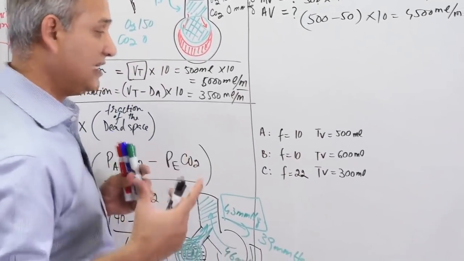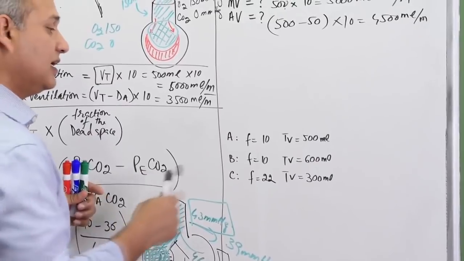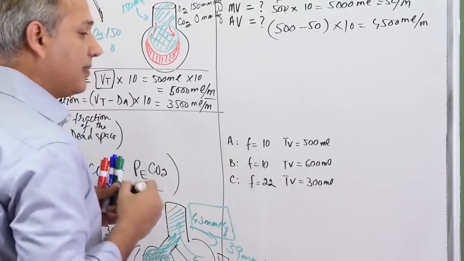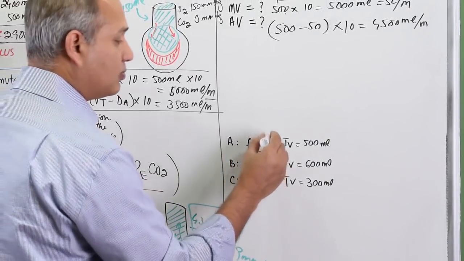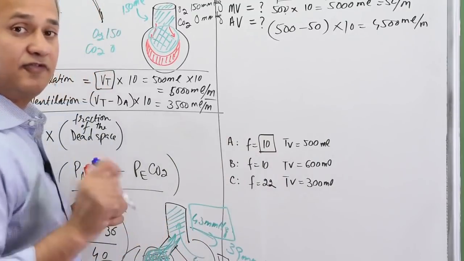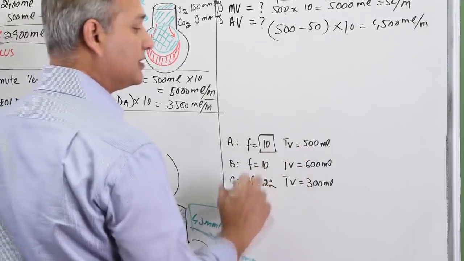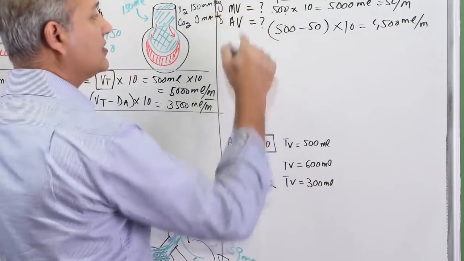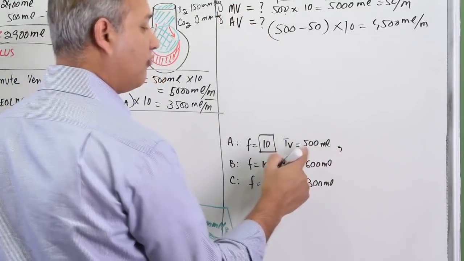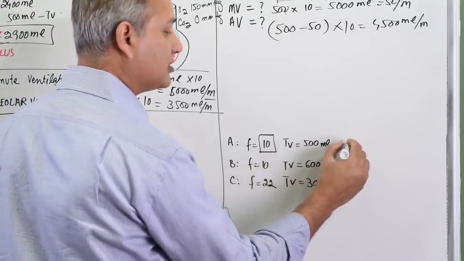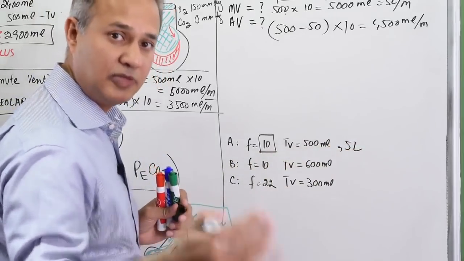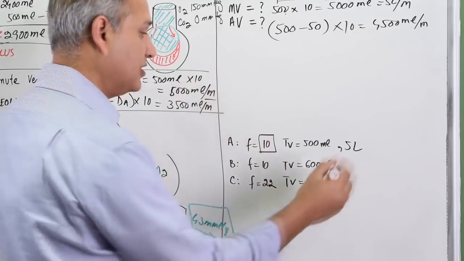Patient A or person A, we don't know if he's a patient or not, is respiring with the frequency of 10 breaths per minute. His tidal volume is 500. What do you think his minute volume is going to be? 5000 milliliter divided by 1000, 5 liter.